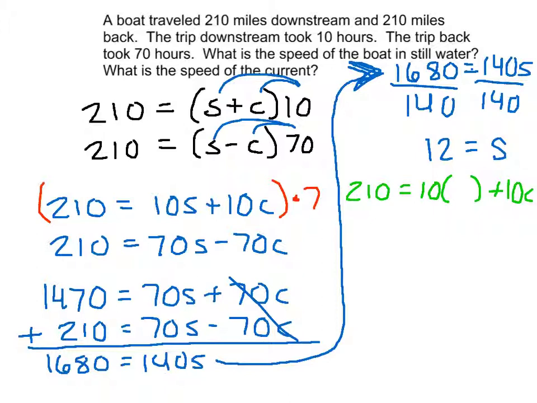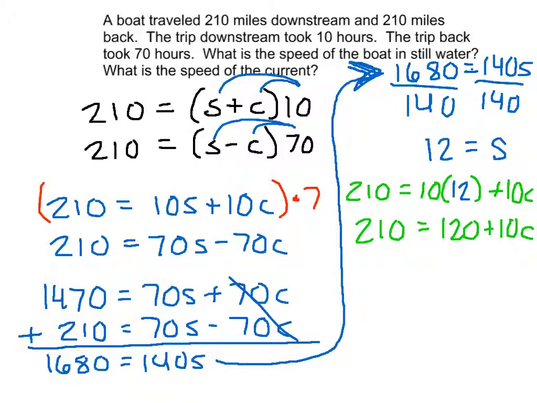Notice how instead of plugging in s, I just left a blank, because I'm going to plug in my 12 that I just found. Since 12 equals s, I can easily plug it in there. It technically means the same thing, so there's nothing wrong with that. So once I simplify this, I end up with 210 equals 120 plus 10c.